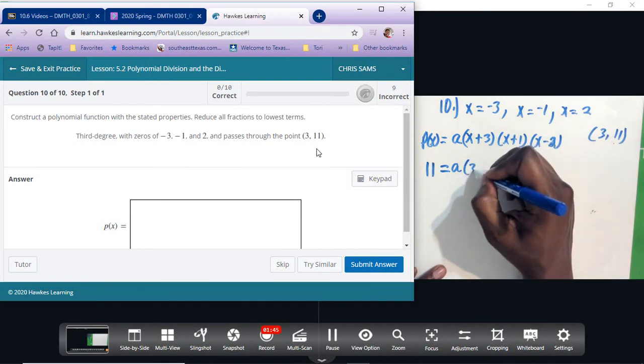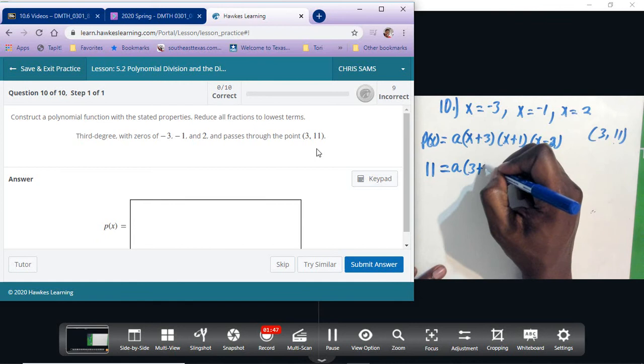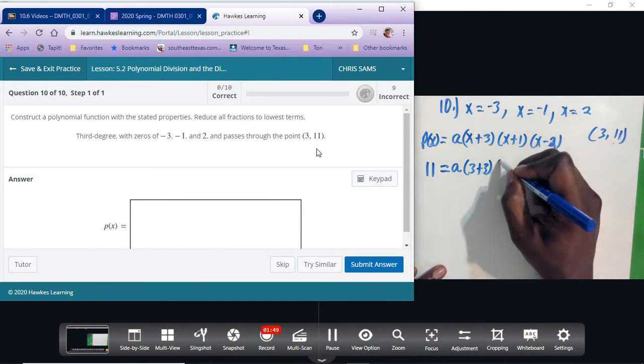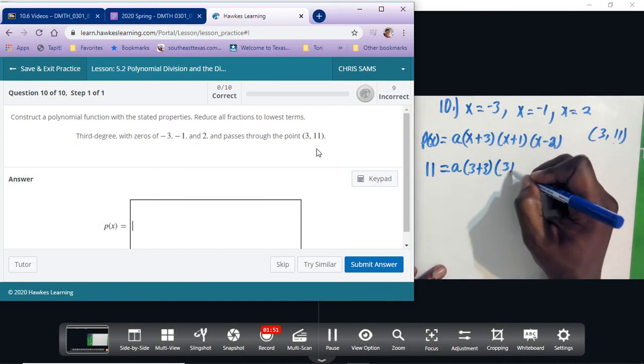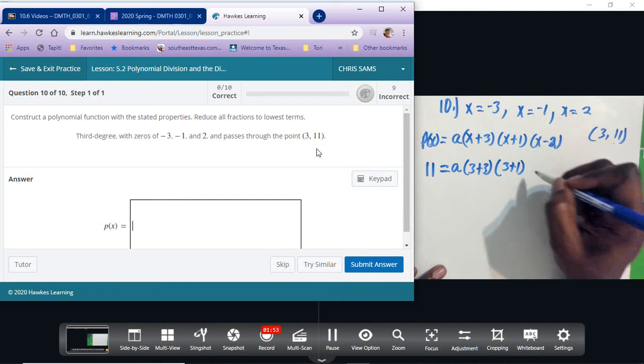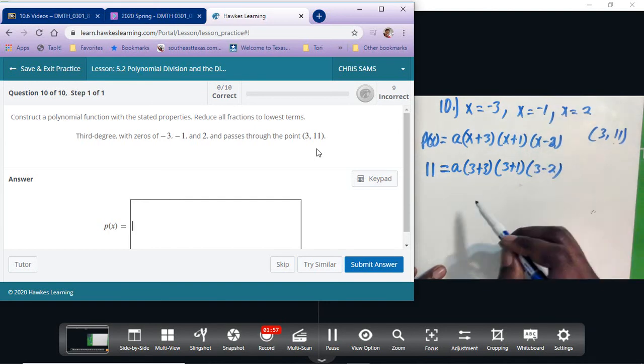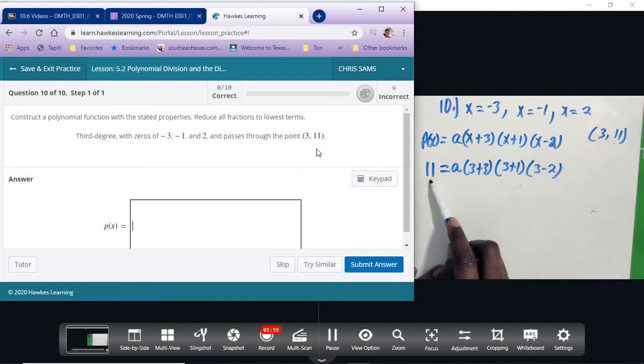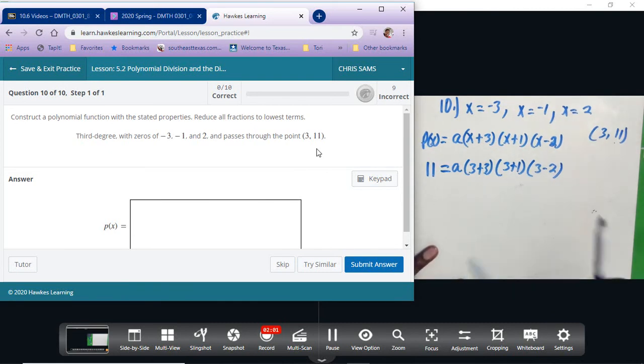So we have 3 plus 3, and then we have 3 plus 1, and then we have 3 minus 2. So you plug in 3 for the x's, 11 for the y. We're going to solve this out.